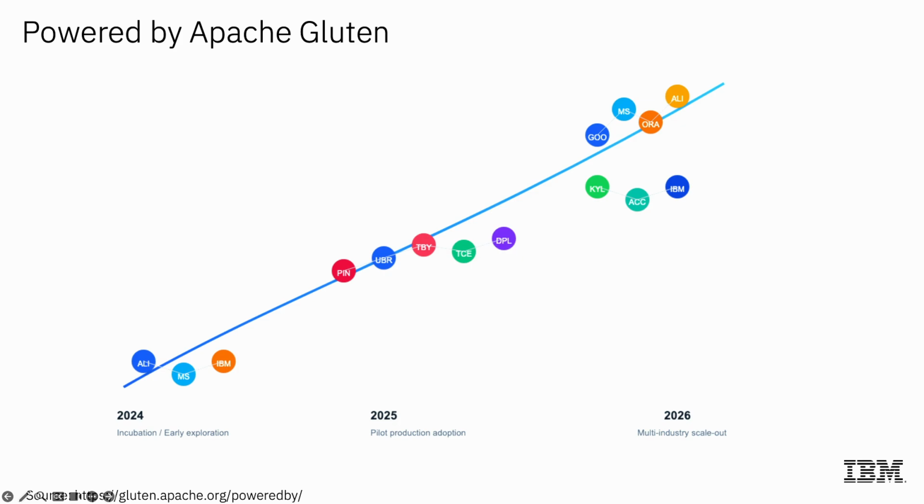We have some early adoptions in 2024. In 2025, we have five more landing stories. In 2026, we have roughly 6 or 7 now. It is still the beginning of 2026, so I expect there will be more landings this year. This is a very inspiring story for us. I have also listed the Power BI page of the Gluten community here.